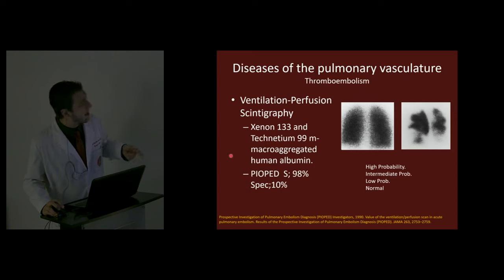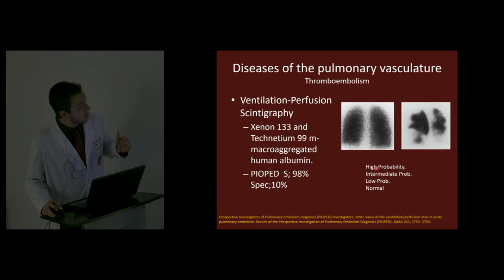And there has been a lot of studies, and one of the studies that appears more is the PIOPED study that says that its sensitivity is 98%. So the use of nuclear medicine over acute thromboembolism or chronic thromboembolism is actually the same if we use the D-dimer.